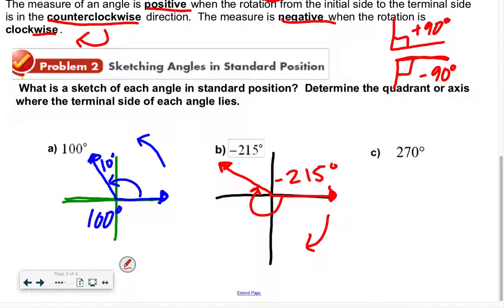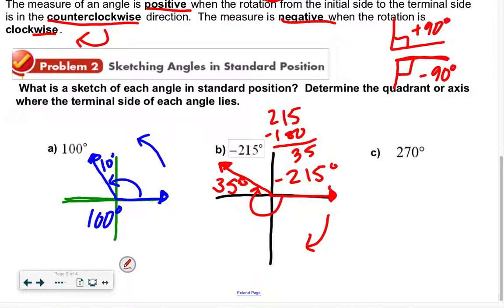But let's also write how much is in here. Well, how can I figure out how much is in here? If this is 180, 215 minus 180 will give me what this angle is. So 215 minus 180 gives me how much? 35. So we're going to label this 35 degrees, and that's this angle right here.